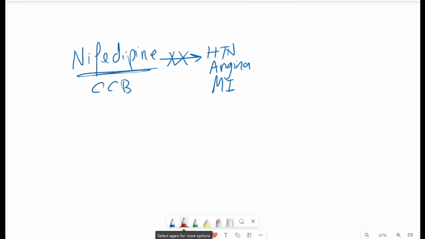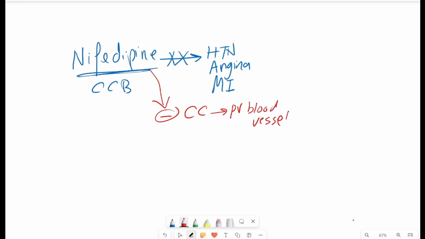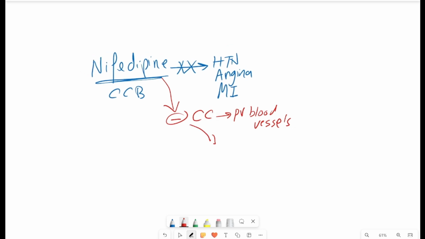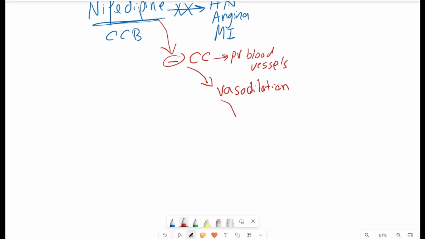We know that nifedipine blocks calcium channels in the peripheral blood vessels. Blocking calcium in the blood vessels leads to vasodilation, and vasodilation leads to decreased blood pressure.